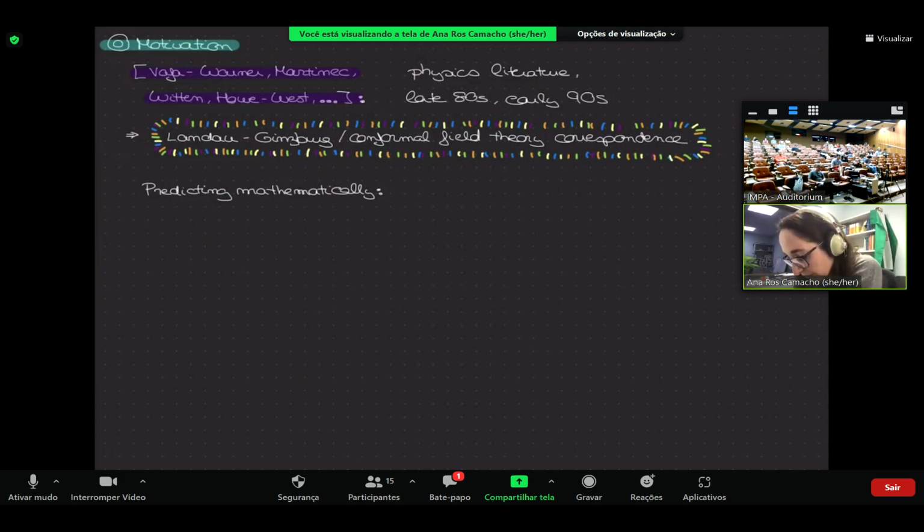Just to mention a few: Vafa, Warner, Emil Martinec, Ed Witten, Peter Howe, Peter West, predicting something which can be made more precise physically, but mathematically, which is what I'm interested in, it states that there should be a certain relation between two different sorts of categories.